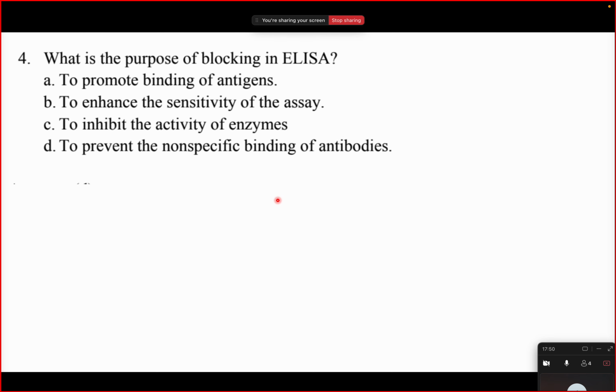So there is a step in ELISA called blocking. What is the purpose of that step? Is it to promote binding of antigens, to enhance the sensitivity of the assay, to inhibit the activity of enzymes, or to prevent the non-specific binding of antibodies?